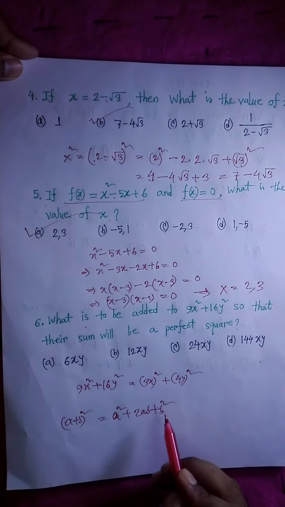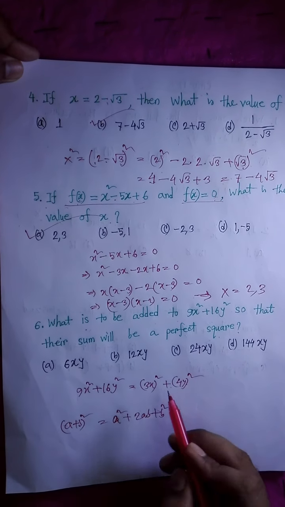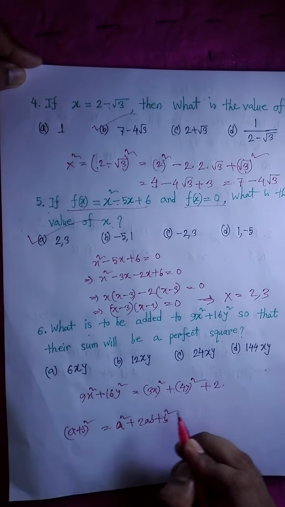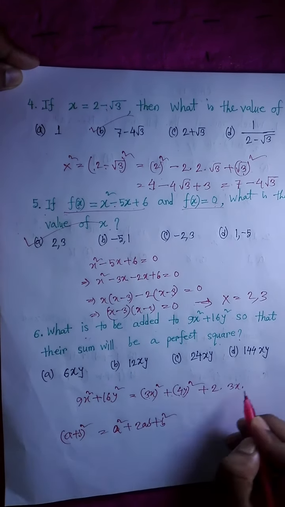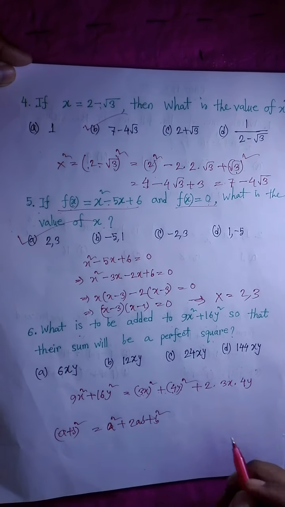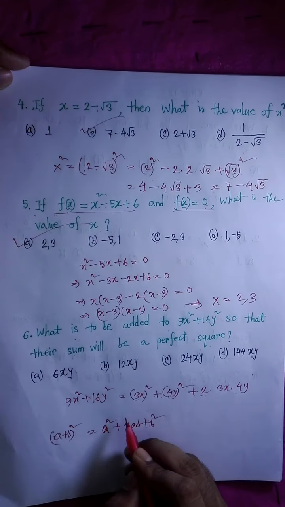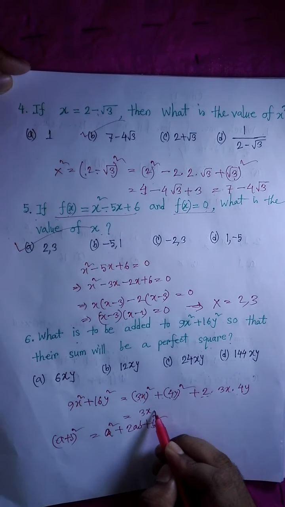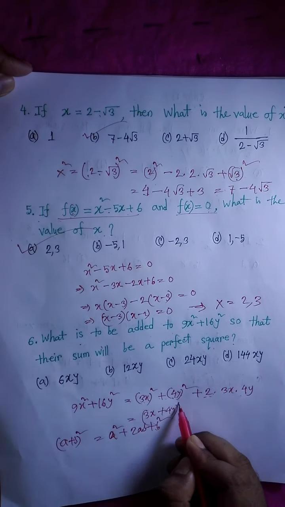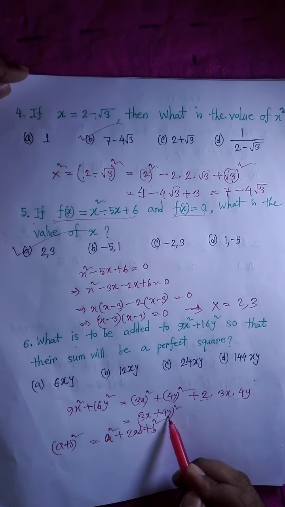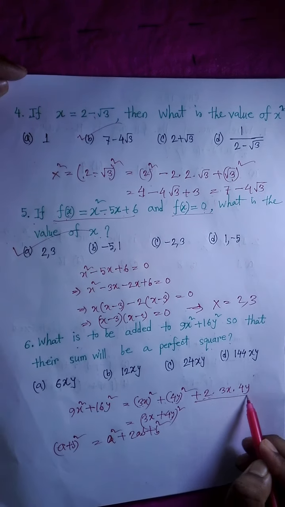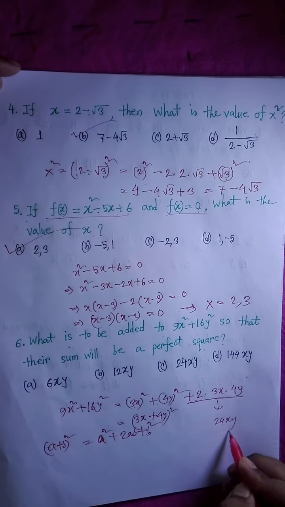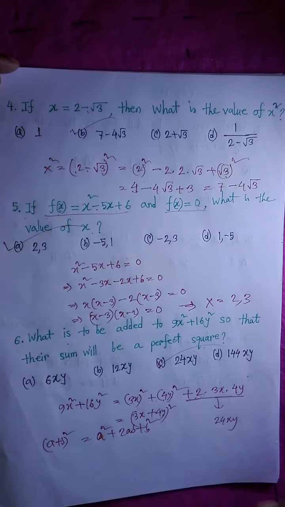Now we try to apply this formula here. So a square plus b square, we need plus 2 into a into b. If we write this, then we get a square plus 2ab plus b square, that is (3x plus 4y) whole square, which is a perfect square. So we need to add this term. The value of this term is 24xy. So our answer is C.